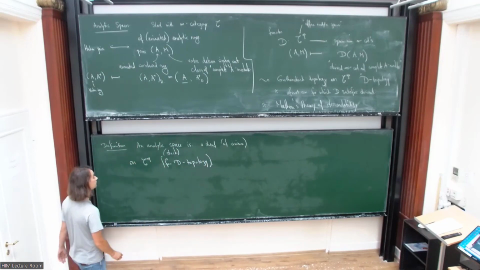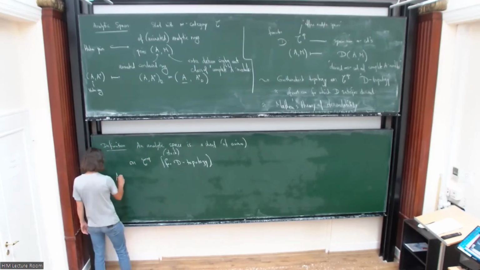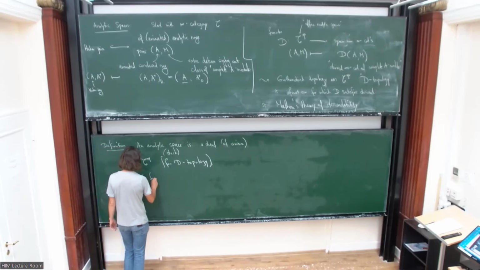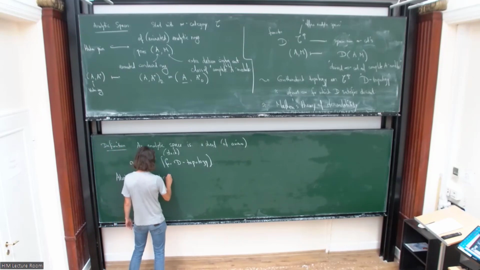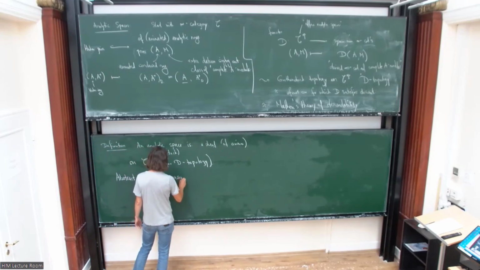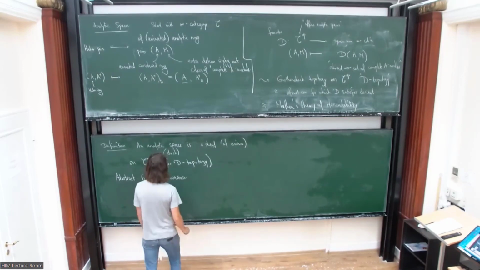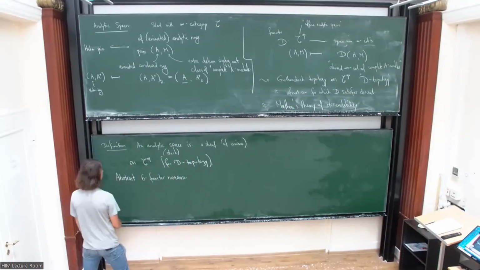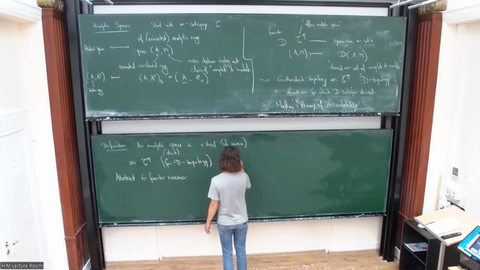And then by some abstract six functor nonsense, so actually, the affine analytic spaces. Yeah, you have the category of analytic spaces.